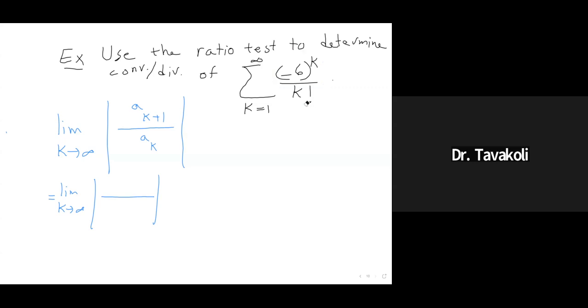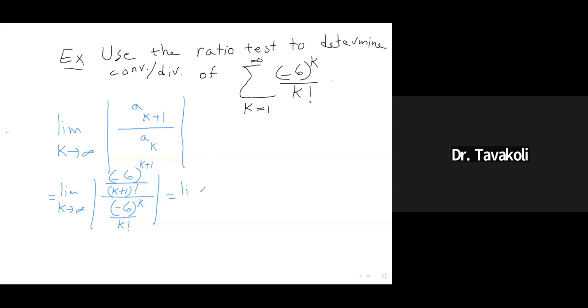So you will have minus 6 to the power of k plus 1 over k plus 1 factorial. This is a_(k+1). a_k is minus 6 to the power of k over k factorial.